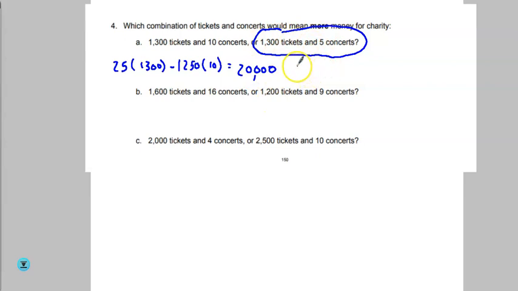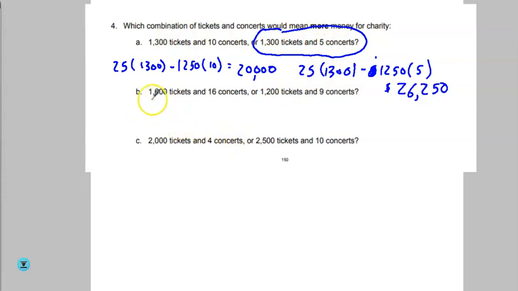But if we could have the combination of 25 for the 1,300 tickets, and this time only minus $12.50 times only 5 concerts, we're going to be subtracting less money out of it. So 25 times 1,300 minus $12.50 times 5 concerts, you're going to raise $26,250 for charity. So much more this way. But that should be intuitive.